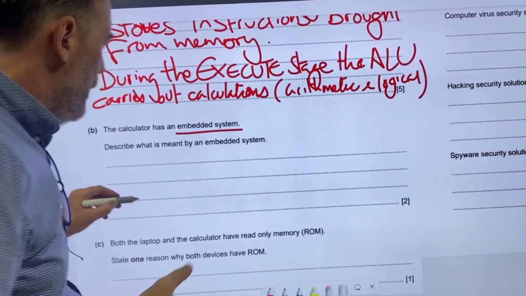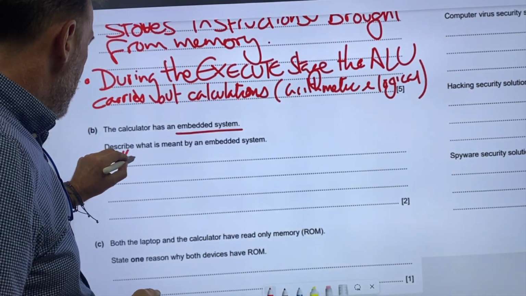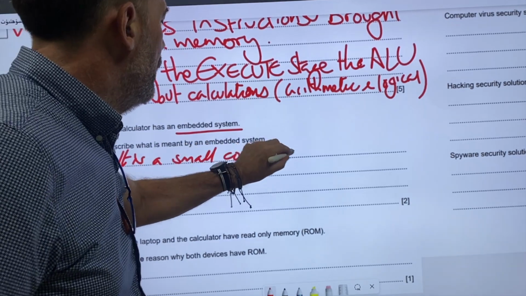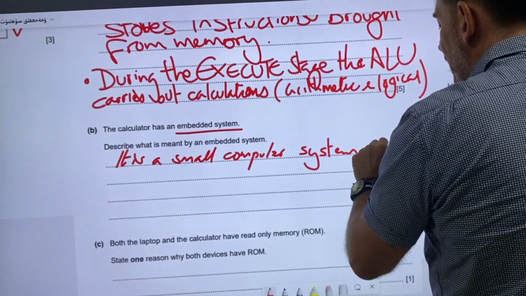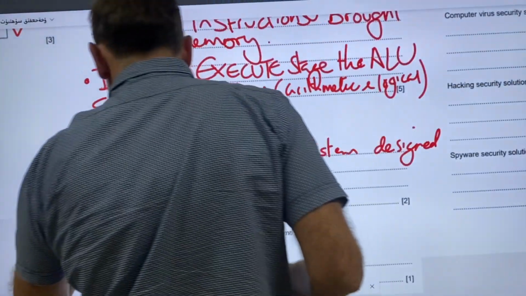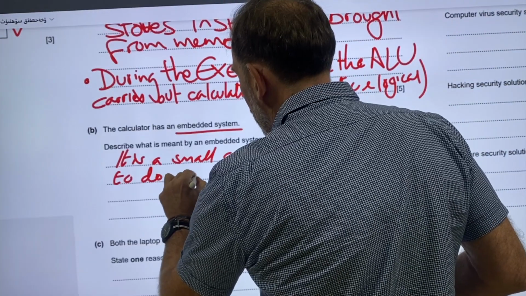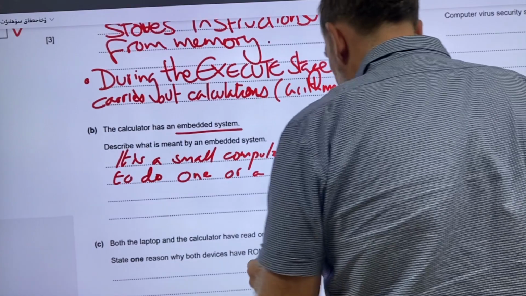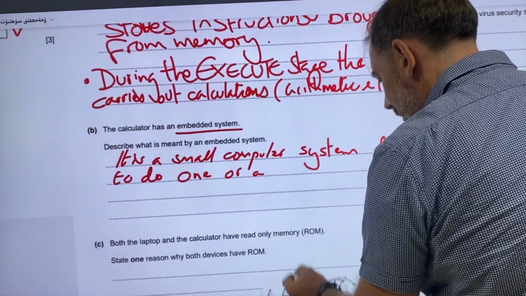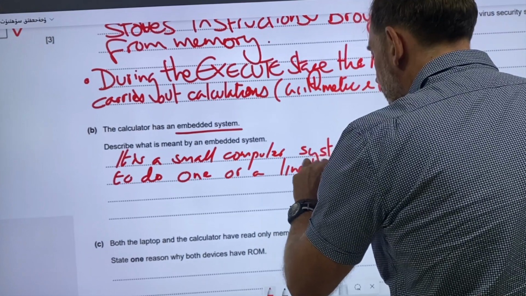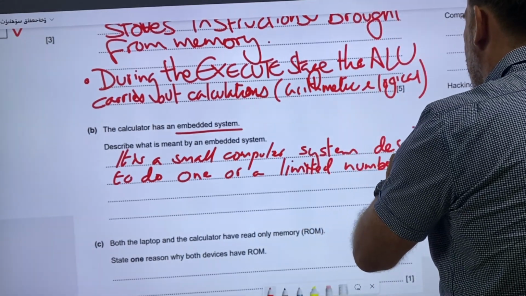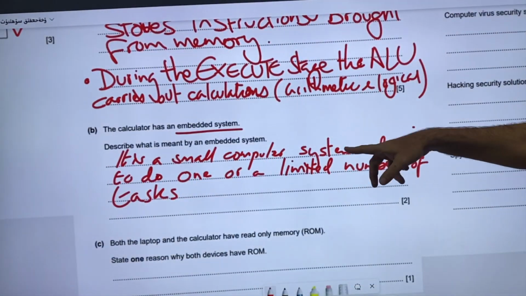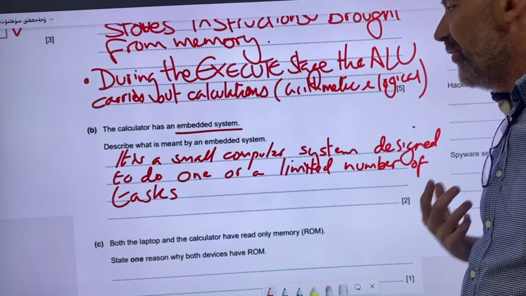Well, it is a small computer system designed to do one or a limited number of tasks.